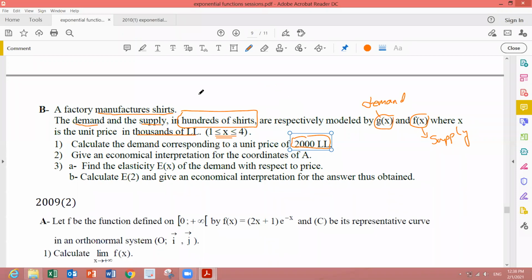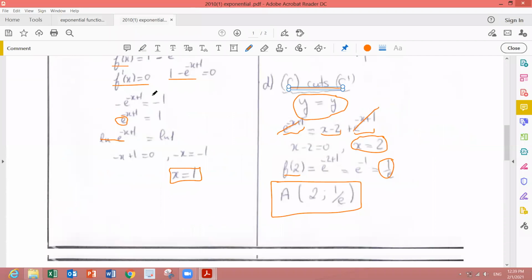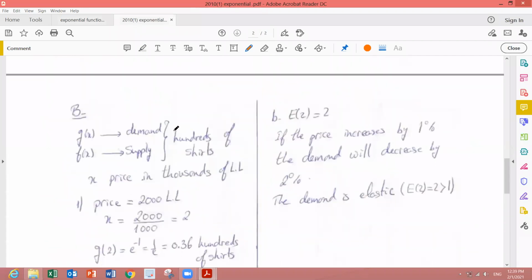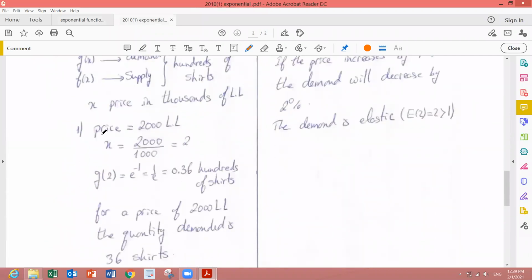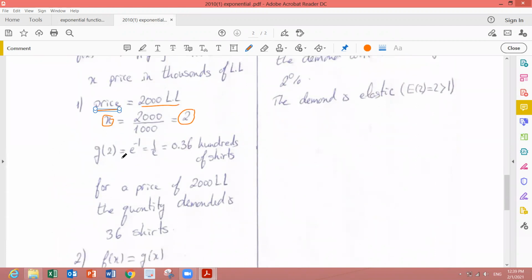2000 over 1000. Then I replace in G(x). Price is 2000 Lebanese lira, so x equals 2000 divided by 1000 is 2.